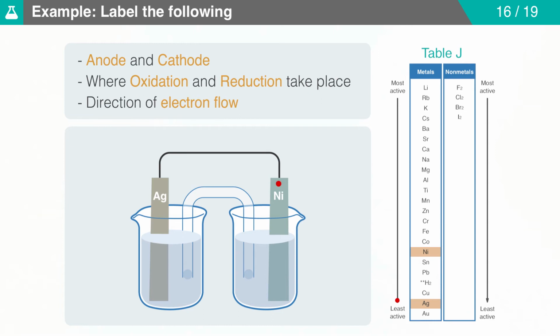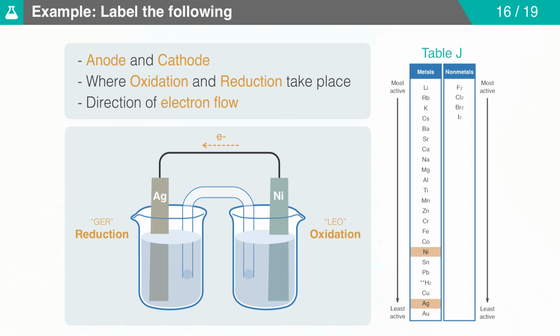So I locate that on my example here. Electrons are flowing from nickel to silver. So now that I know nickel's losing electrons, LEO tells me a loss of electrons is oxidation. So this is my oxidation site. And then if the silver is gaining electrons, GER tells me that this is the site of reduction.